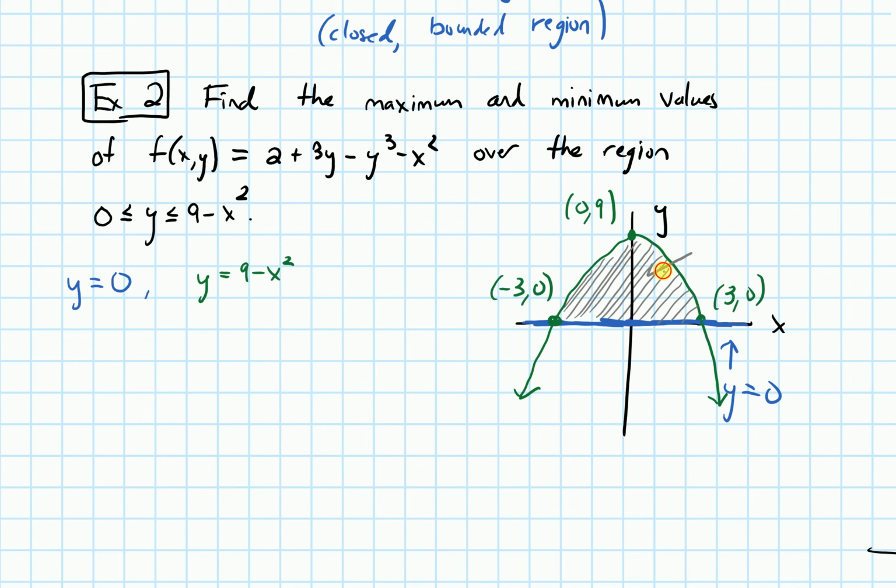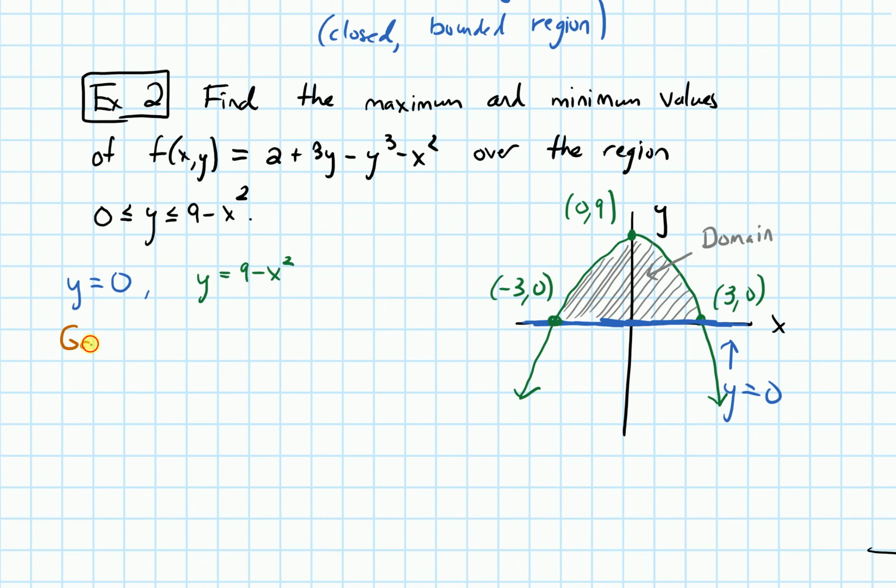Okay, so everything that's shaded in here constitutes the domain, the region that we're looking at, that we're limiting ourselves to. So the domain is everything that's shaded in this region, as well as this boundary curve. The boundary is included because of these equal signs on these inequalities.